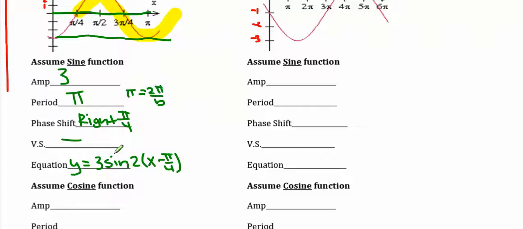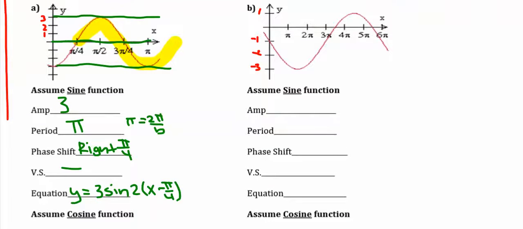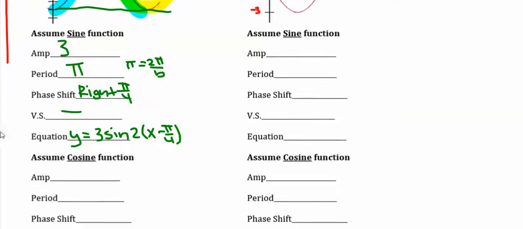And that's it. Okay, if we were assuming this was a cosine function, we'll go ahead and sketch the cosine function in blue. So cosine function, this is starting at the minimum, and here we have one full cycle. But again, the amplitude doesn't change, the period doesn't change, there is no vertical shift.